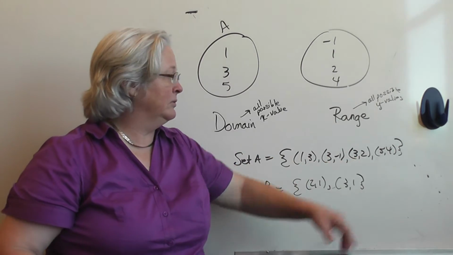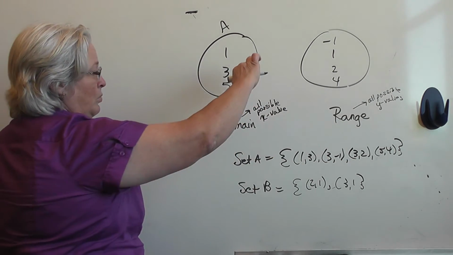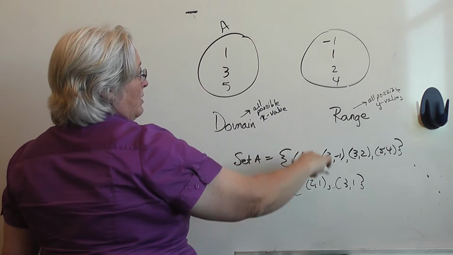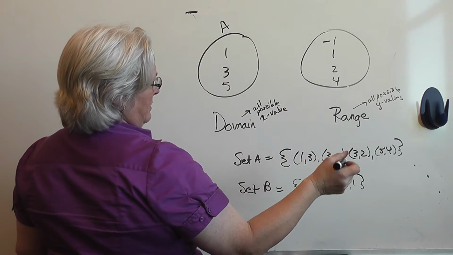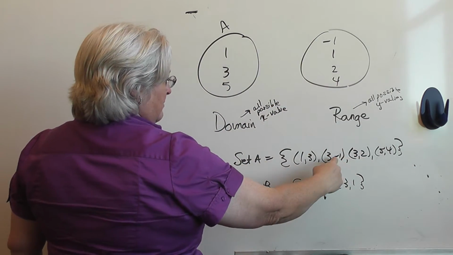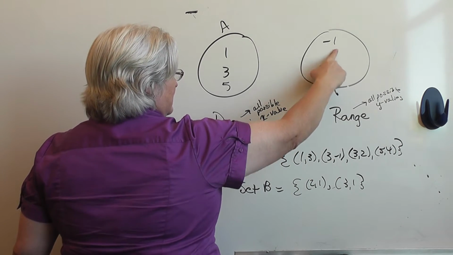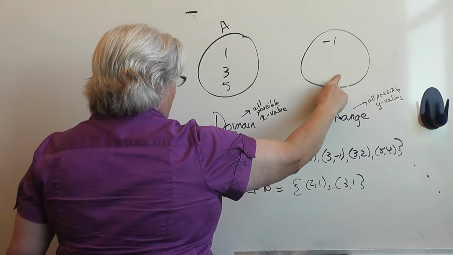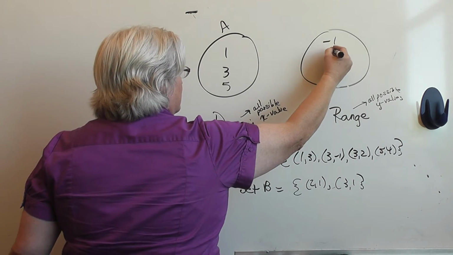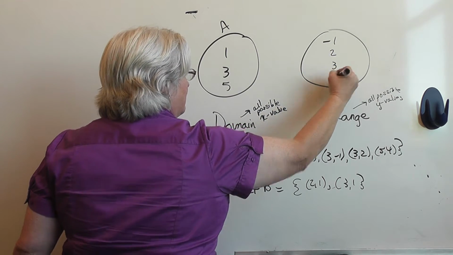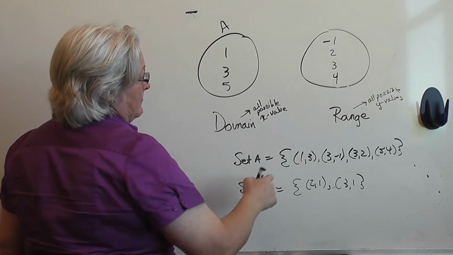So what goes with 1? Well, 1, what did I do wrong? -1, okay, I said 1. It should be -1, 2, 3, and 4. Sorry about that, guys.